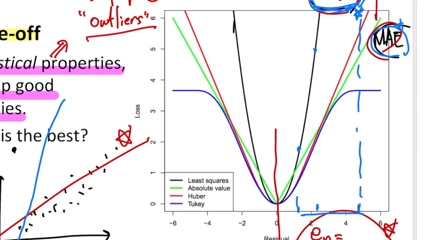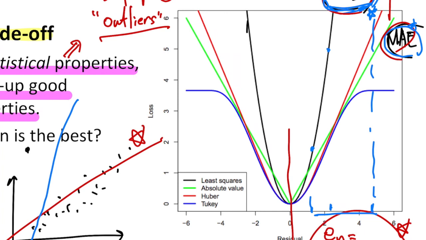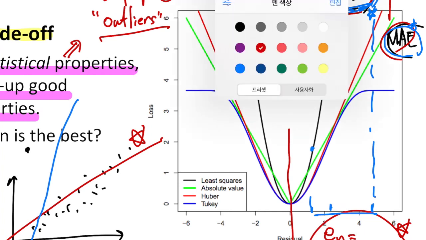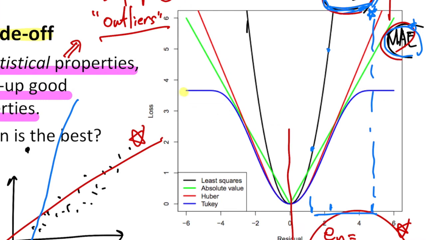If we want to reduce the effect of the very large residual, let's say it looks like this. We can consider these samples and these samples similarly, because the distance, oh, it's not distance, because the error, let's say this is E1, this is E2.